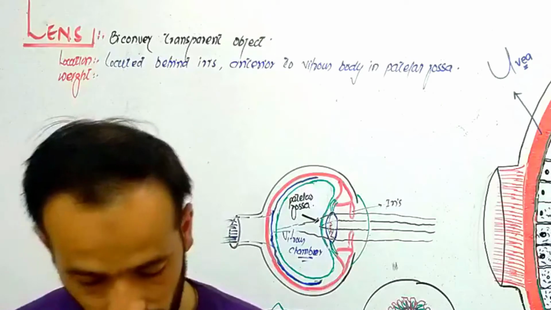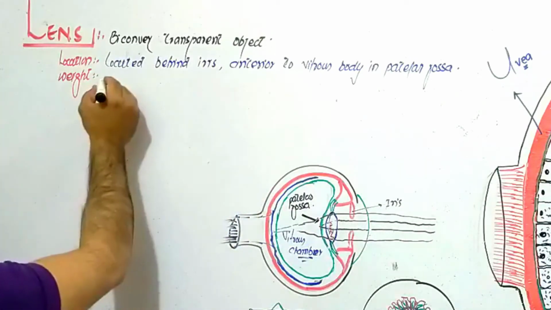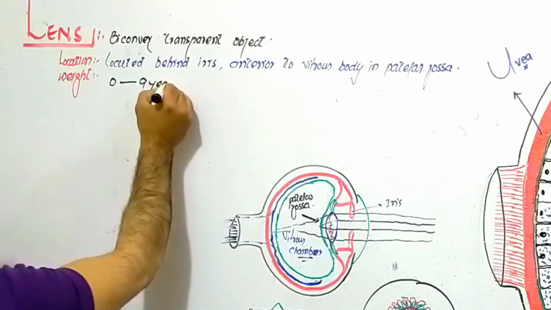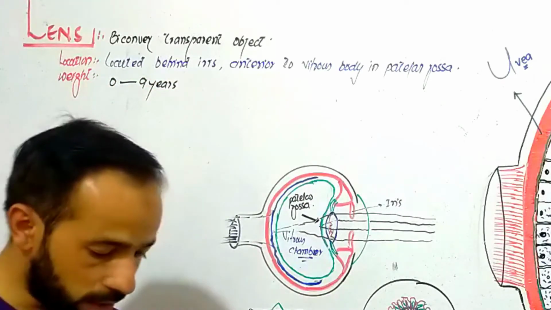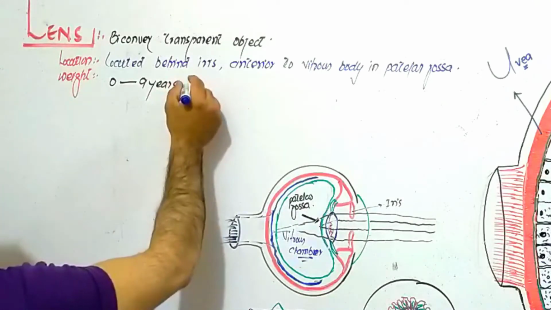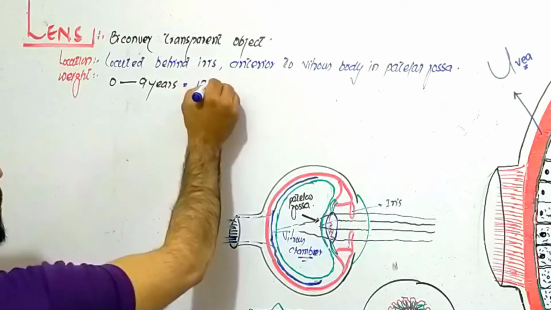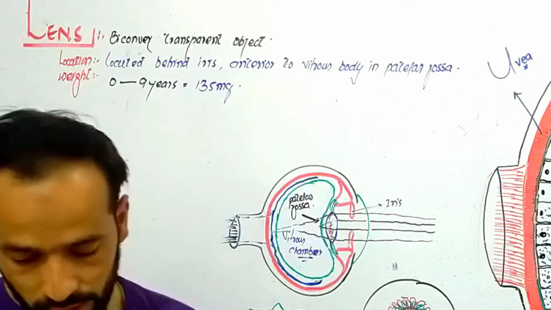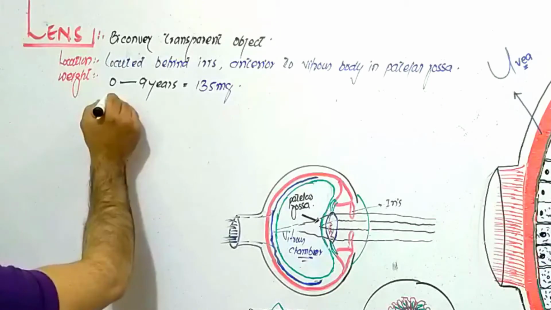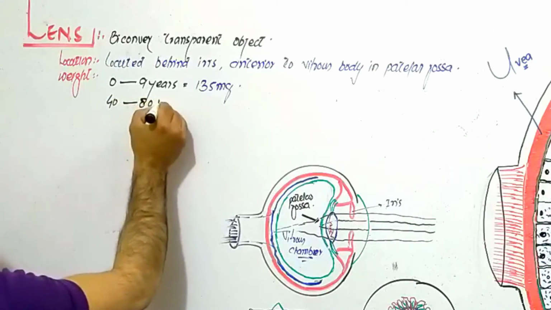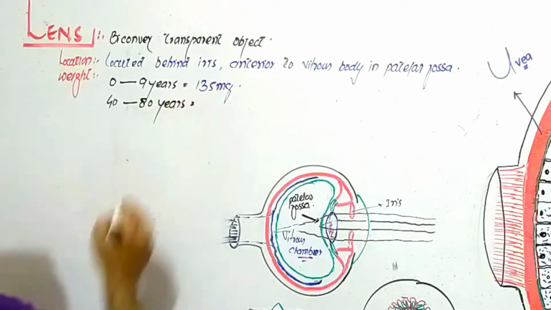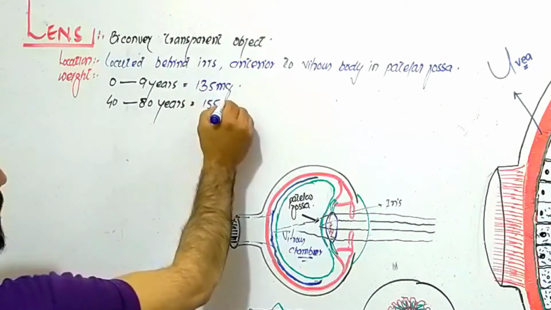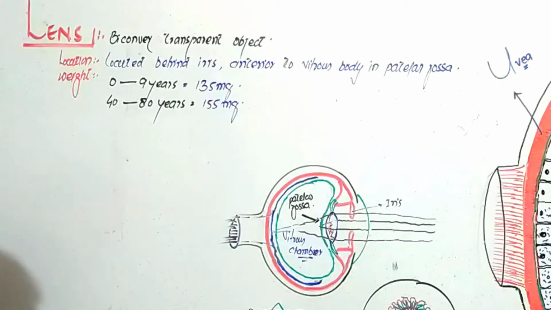For those from 0 to 9 years, the weight is 135 milligrams, and for persons from 40 to 80 years, the weight of the lens is 155 milligrams, right? So this is the weight.